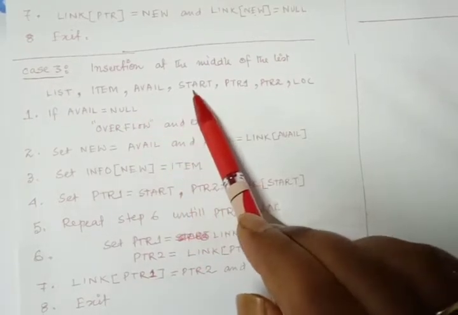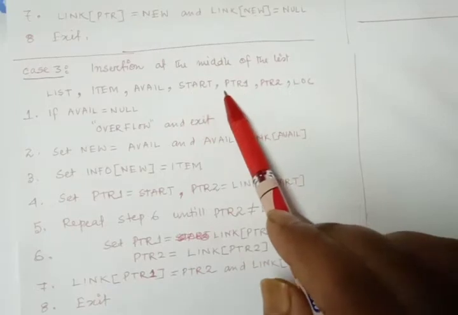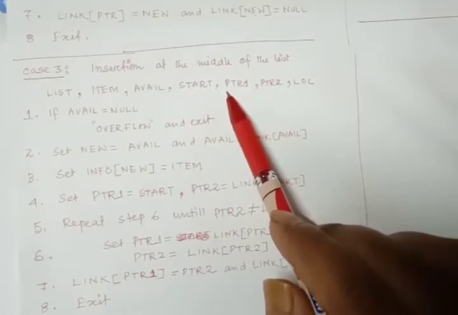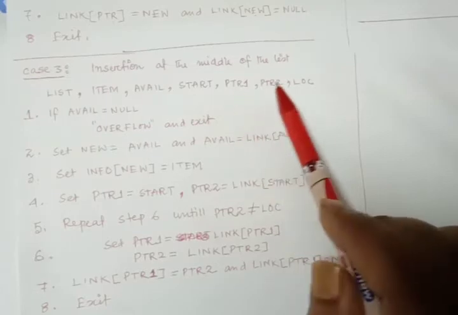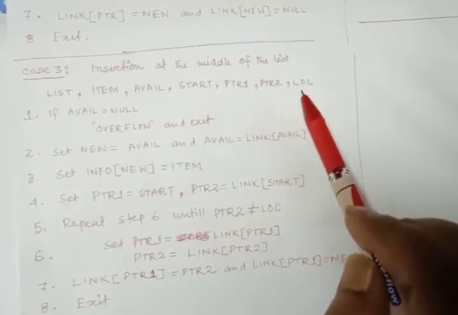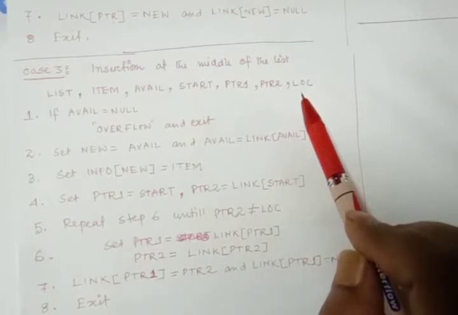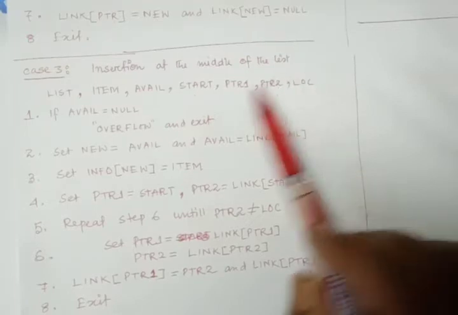Start is the starting address of the linked list. Now here, instead of using one pointer variable, we'll use two pointer variables, ptr1 and ptr2, and location is the insertion position, where we actually insert the new node.